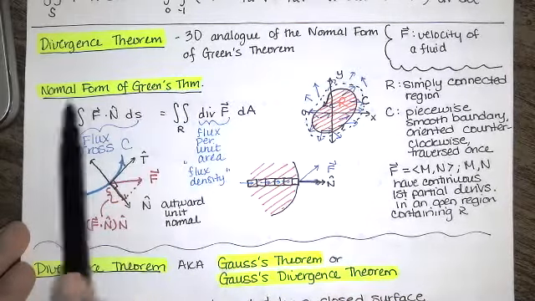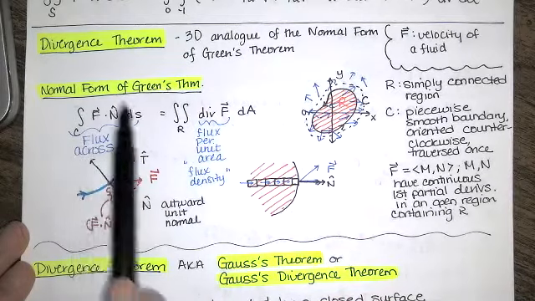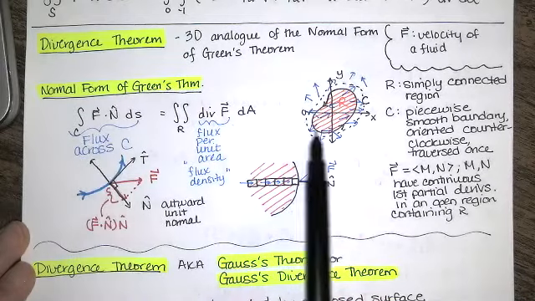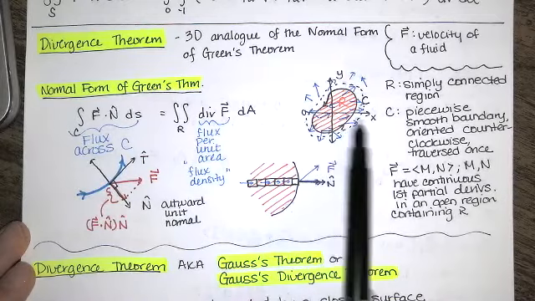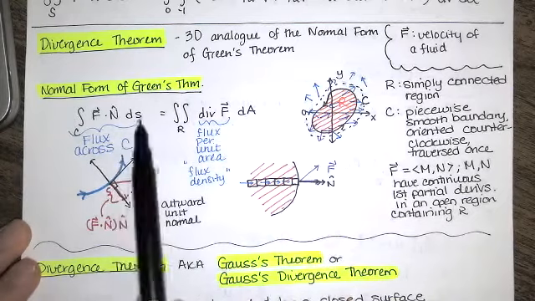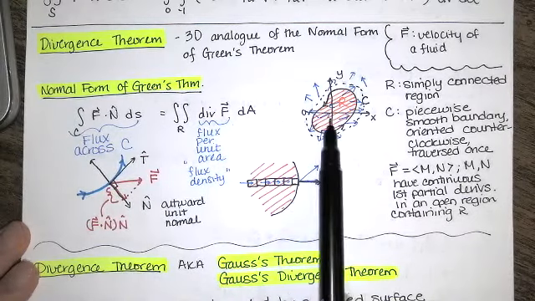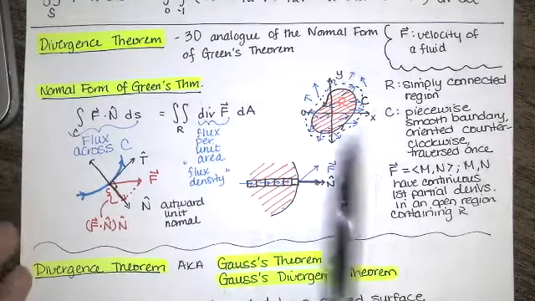When we add all those together, we're going to get a scalar here. If that scalar is positive, that means more fluid is going out than is coming into that region. If that scalar is negative, that means more fluid is going into the region than is going out of that region.